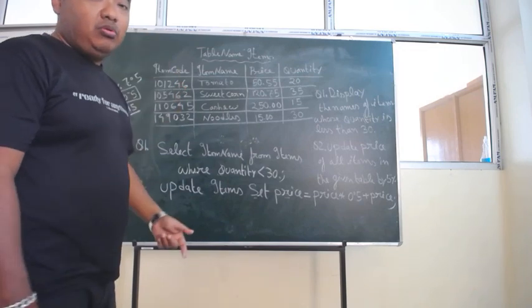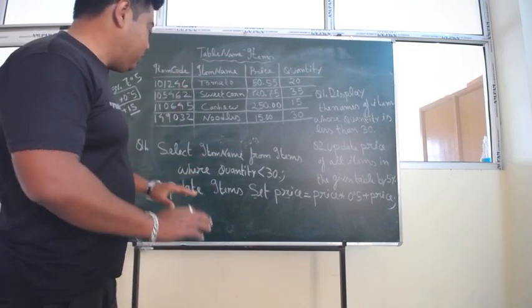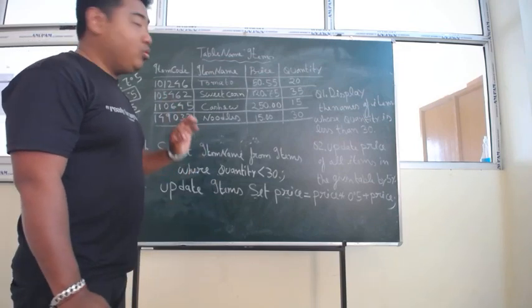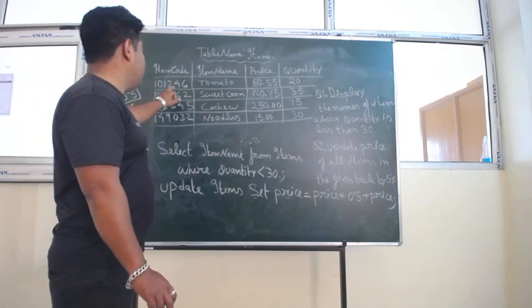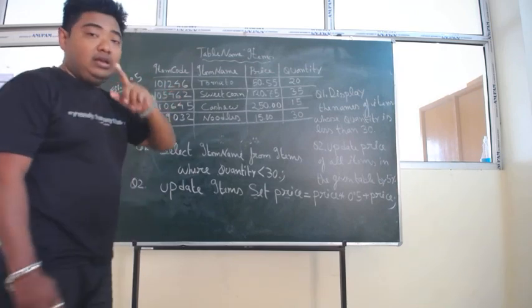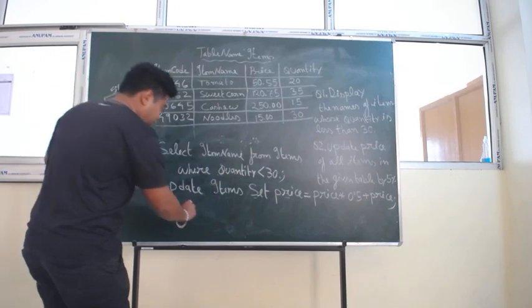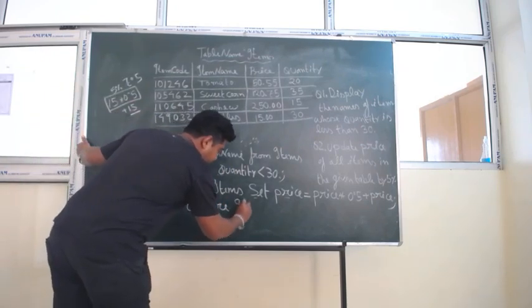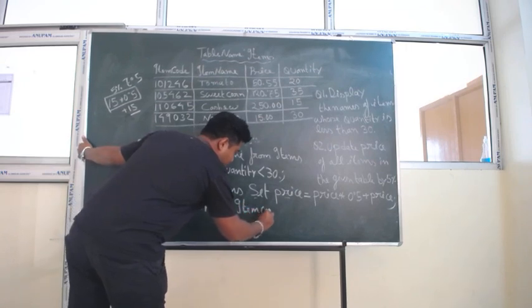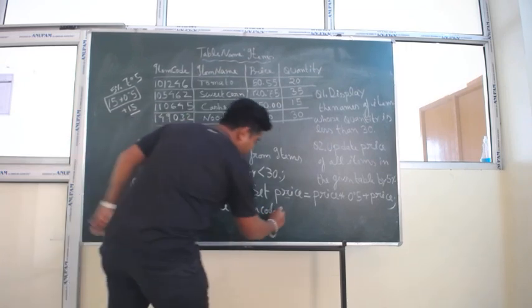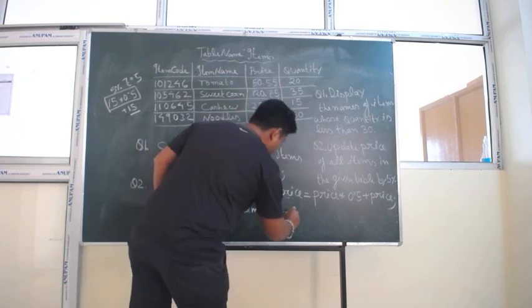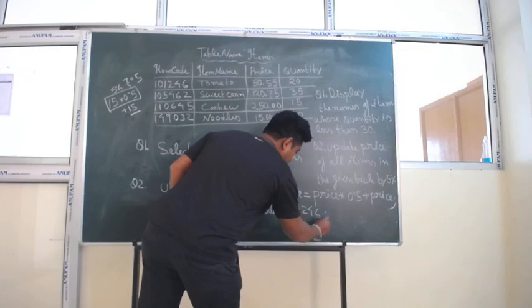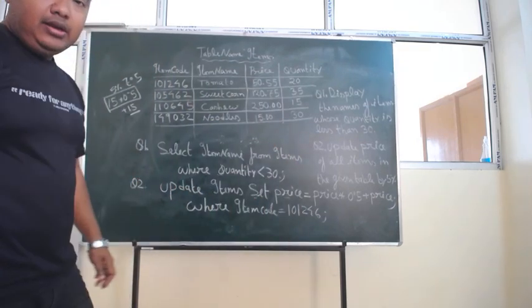Only that one I want to update. So in that condition, after this line, you have to add where item code equal to 101.246. I think it is clear.